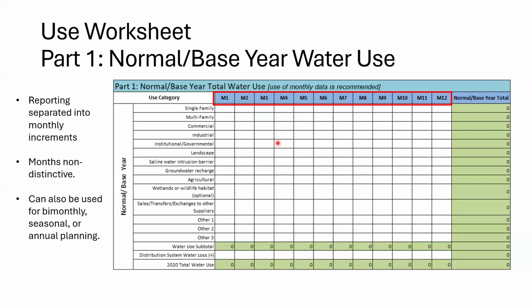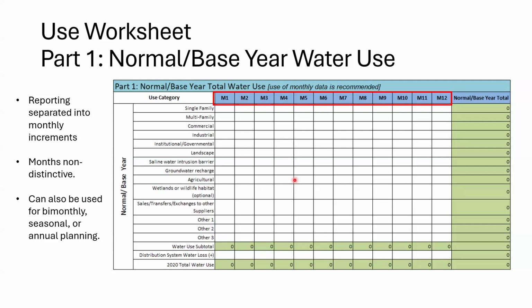Or maybe you want to look at it starting when a contract begins. So you can determine what month is what. Just make sure you keep track of which one it will be. It's non-distinctive in this way, and you can define it as needed. But as mentioned, you can also use this for bi-monthly, seasonal, or annual planning.